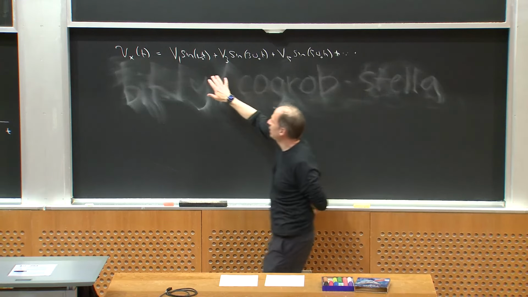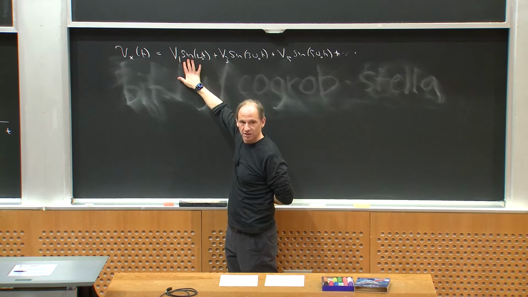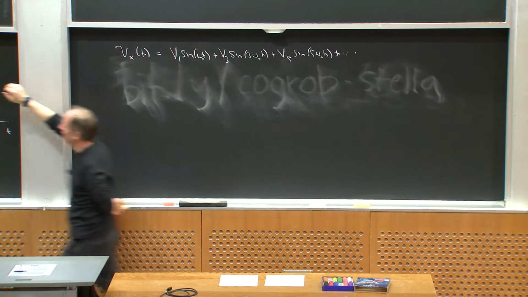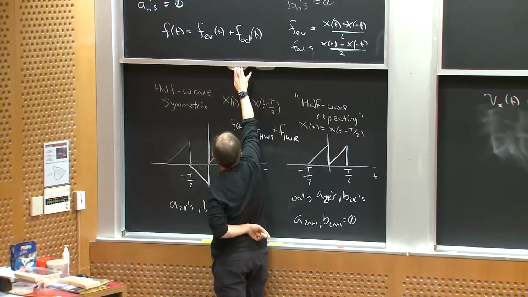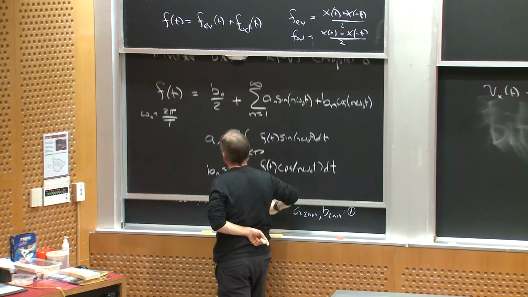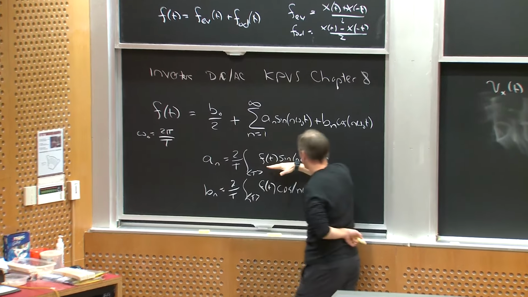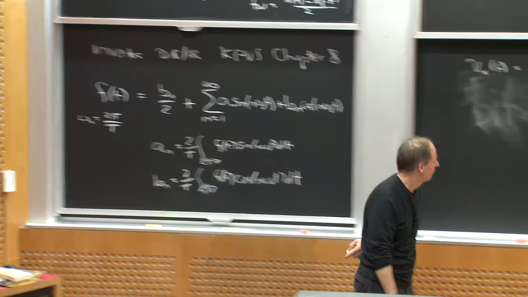But if what I'm mainly interested in is controlling the fundamental as the thing I'm driving, what is that fundamental? Well, we come back to this expression here to figure out what V1 is.